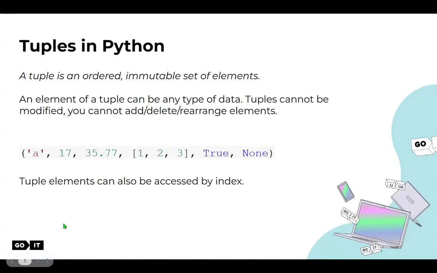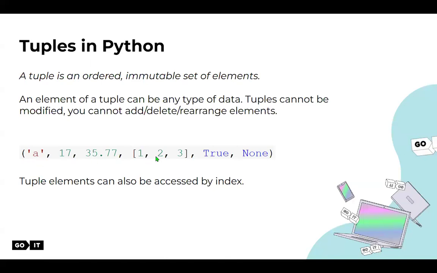Now, tuples in Python. This is immutable, meaning when you make this, it cannot be deleted, rearranged, or added to, no? And this is characterized with the regular open and close parentheses. Now, what does it mean? Tuple elements can also be accessed by index.